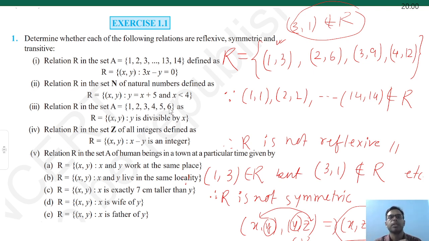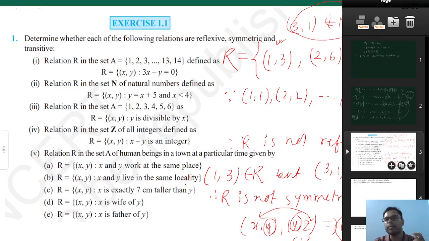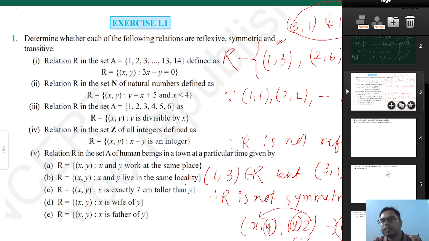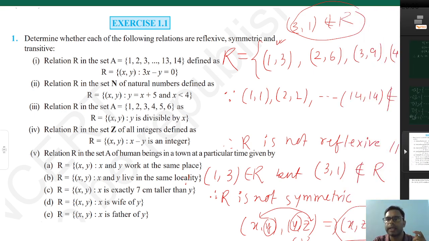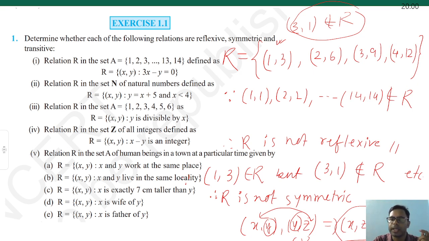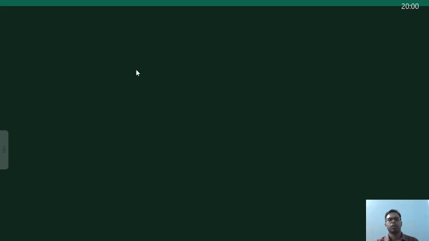So how do we write it? We take it like this, taking a new page. The question is: y is divisible by x, with set A equal to 1, 2, 3, 4, 5, 6.